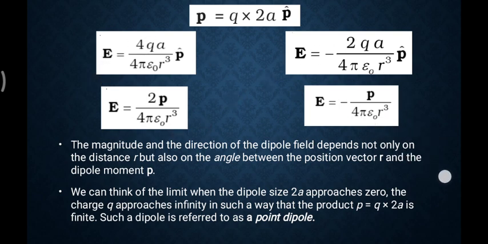A dipole has an electric field because charge has an electric field. So this is a two-charge system, and it has its own electric field. As I said earlier, the electric field depends on where you are in space.